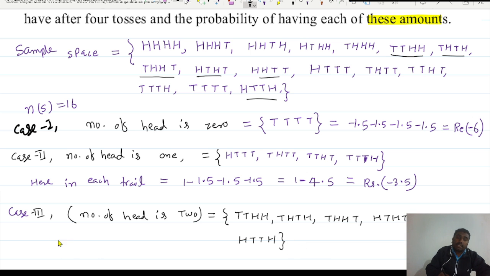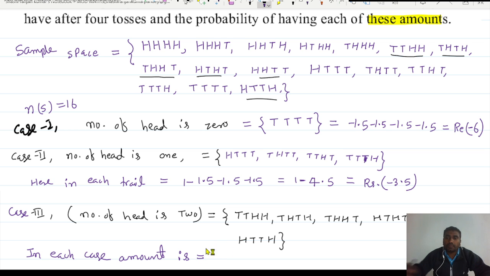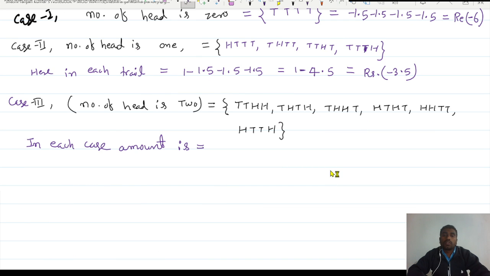So in each case here, what amount are we getting?